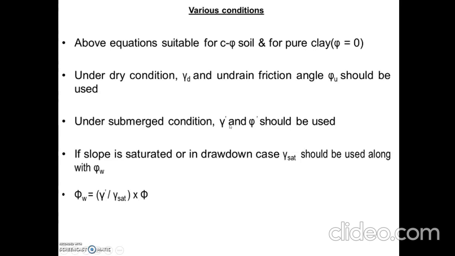For submerged condition, gamma dash, that is submerged unit weight, and phi dash have to be used. And if the slope is saturated or in drawdown case, we will have to use gamma saturated along with phi w, where phi w is equal to gamma dash divided by gamma saturated into phi.